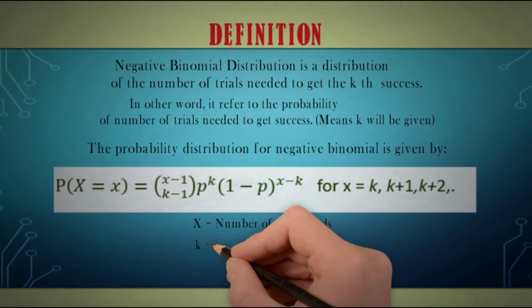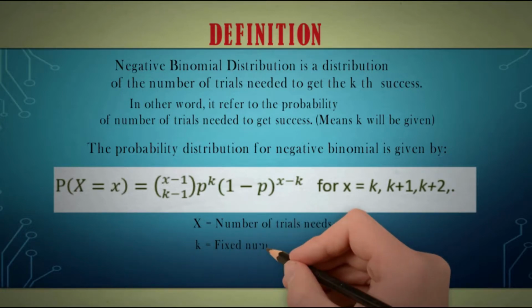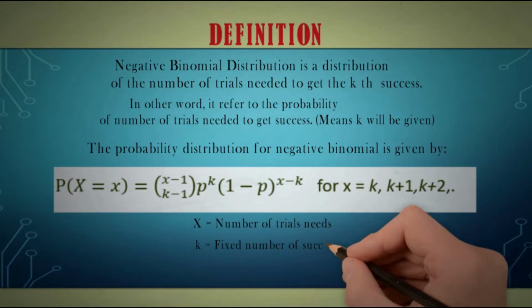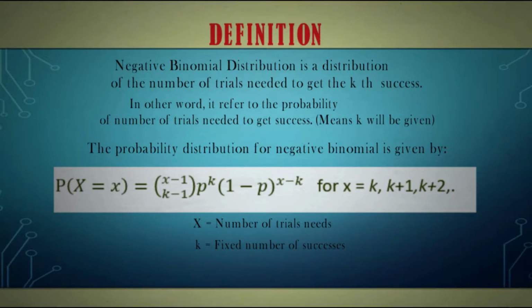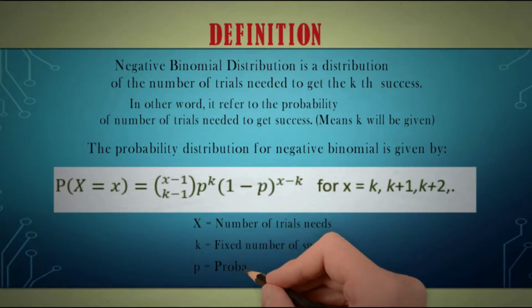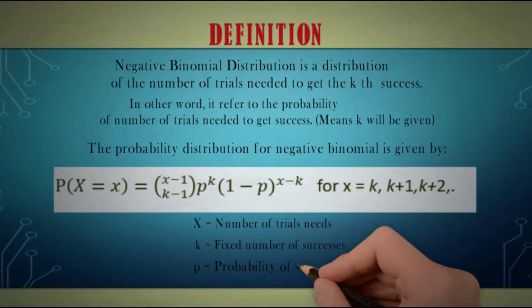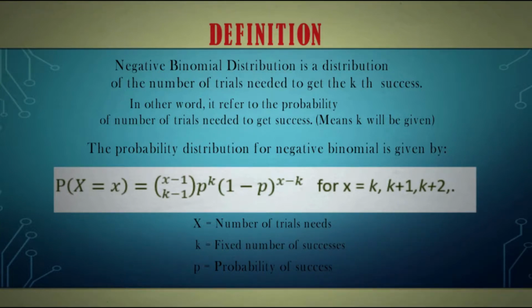The probability distribution of negative binomial distribution is given by the stated formula, where x is the number of trials needed, k is the fixed number of successes, and p is the probability of success.